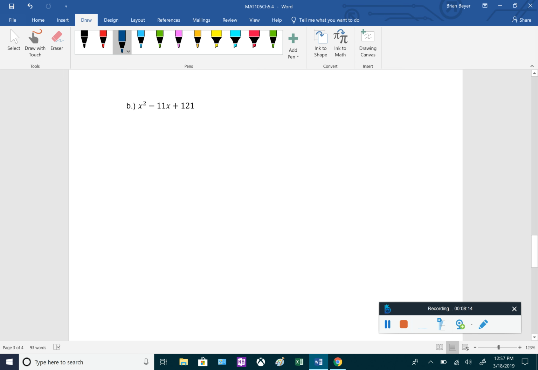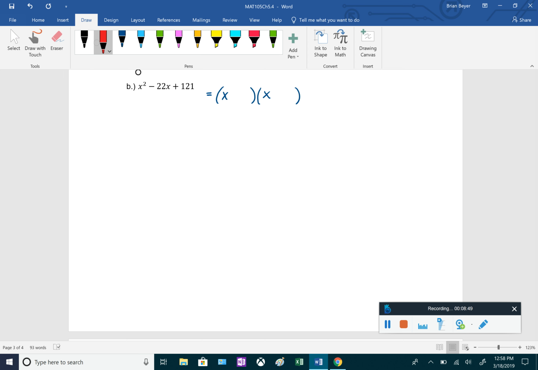Okay, let's do one more for it. So x squared minus 22x plus 121. Once again, coefficient of 1 on the degree 2 term, which means we can factor it as x plus or minus something times x plus or minus something. So we need to think of two numbers that multiply to 121 that add to negative 22.